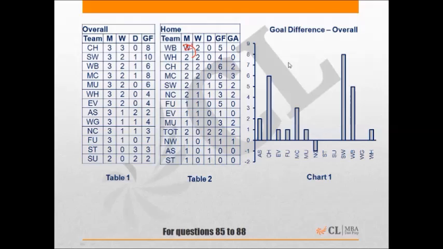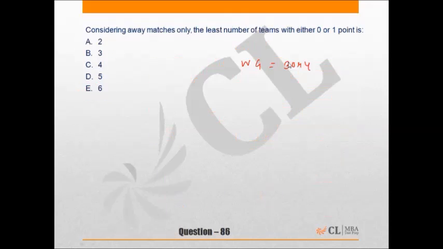It means the maximum points that it could have scored in away matches is 4 and the minimum is 3. So the points that WZ could have scored in away matches is either 3 or 4. Similarly, we can compute the same figure for SU. It comes out to be 1 or 2.